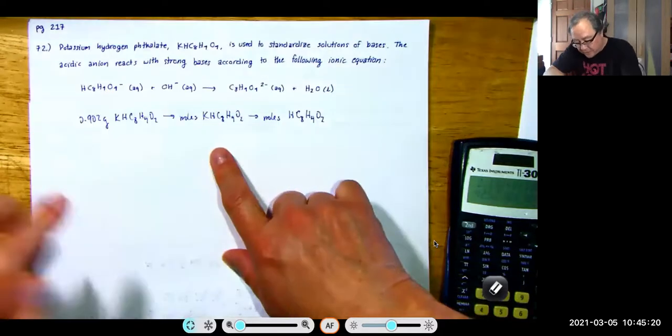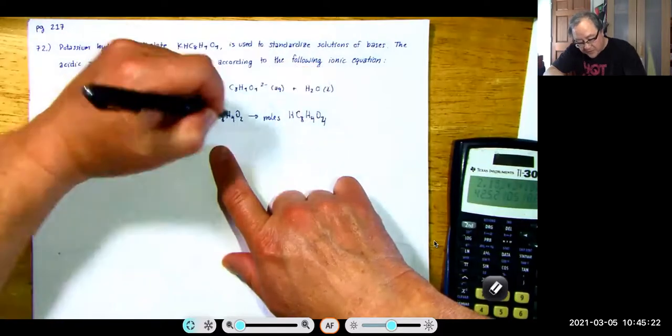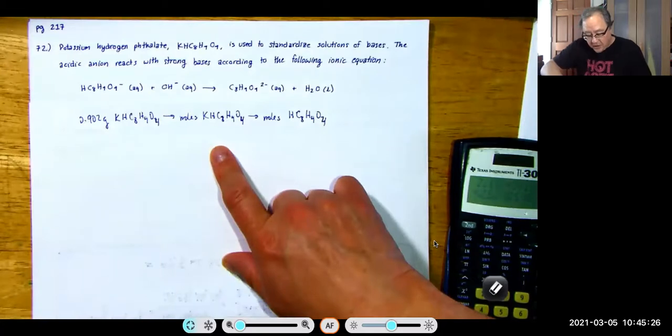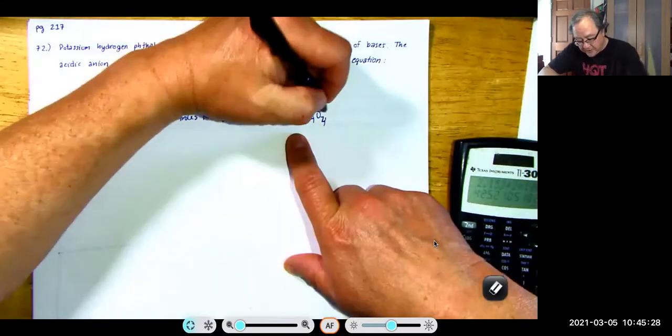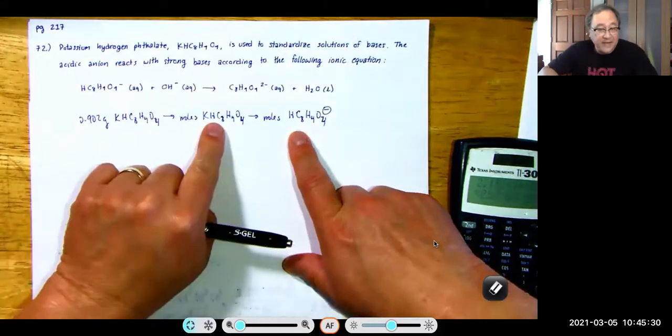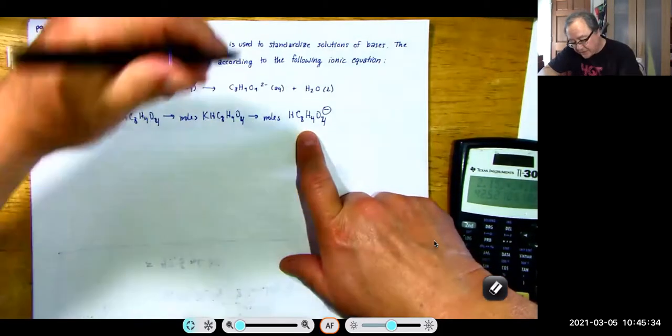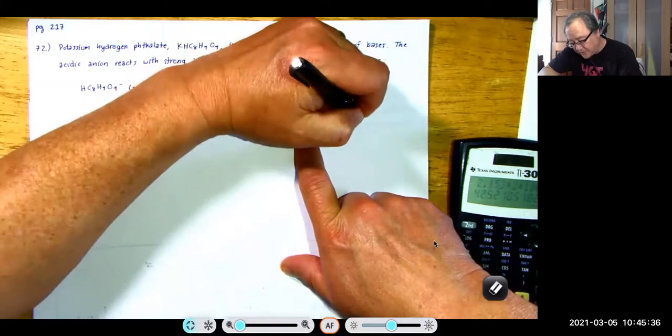Oh, and that's supposed to be a 4, and a 4 there, and a 4 there. Okay, so here I can do that and that because I have the formula right there. Then I can turn that into moles of hydroxide.